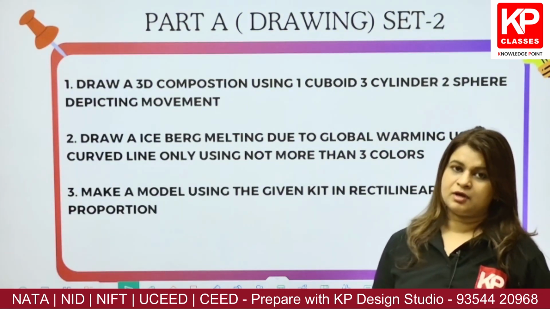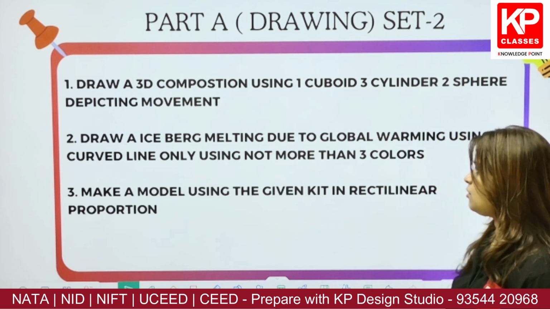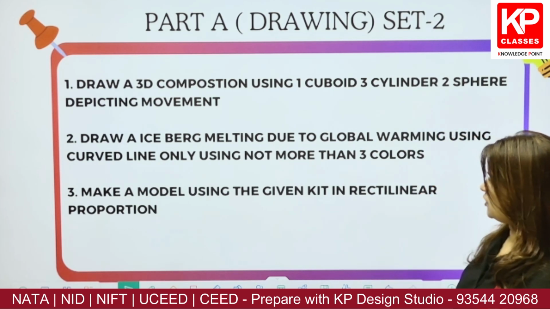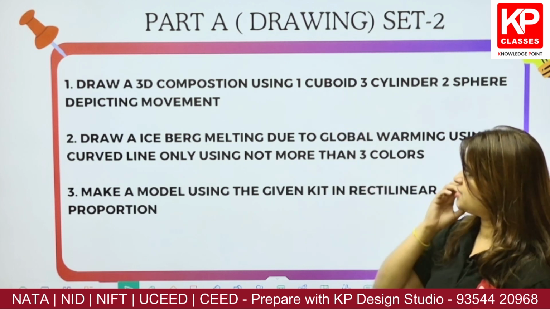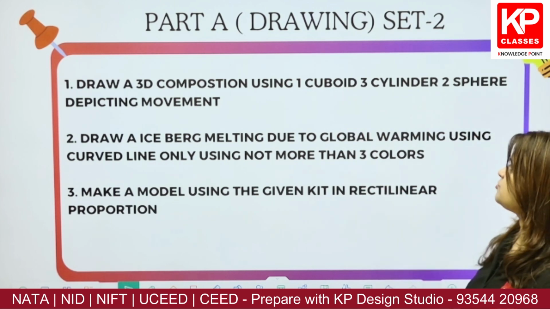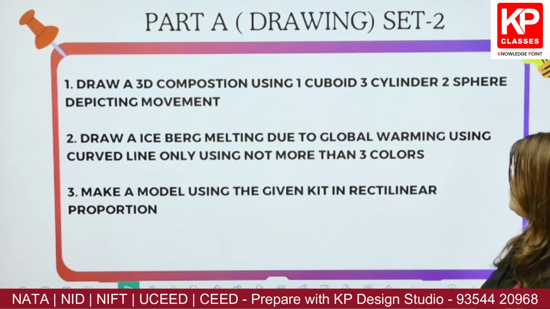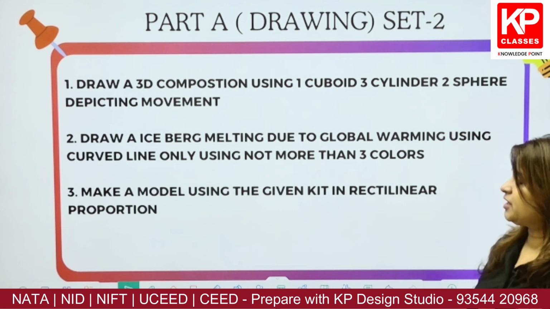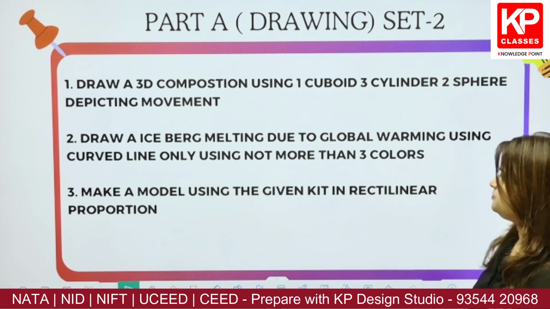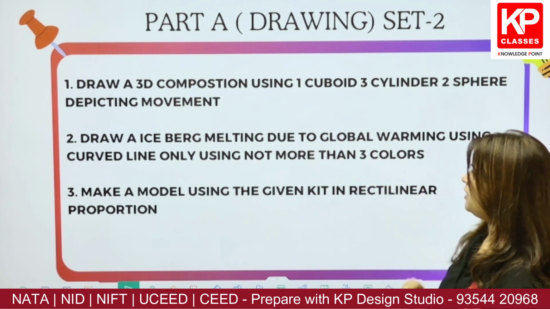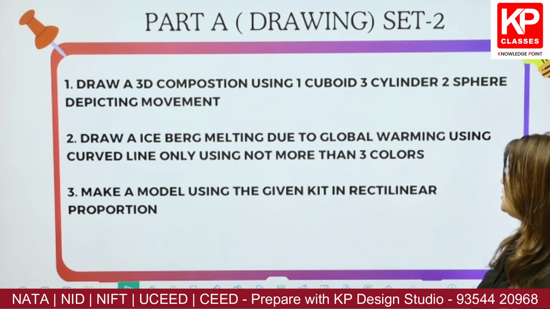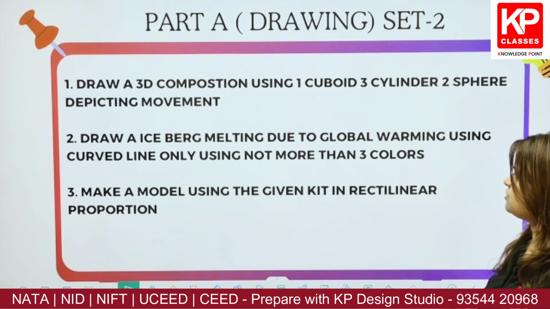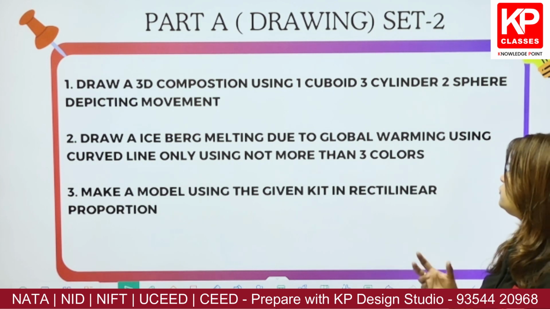Okay, so this brings us to the next set of the NATA drawing part. Here the first question is again, draw a 3D composition using one cuboid, 3 cylinders and 2 spheres depicting movement. Draw an iceberg melting due to global warming using curved lines only and using not more than 3 colors.